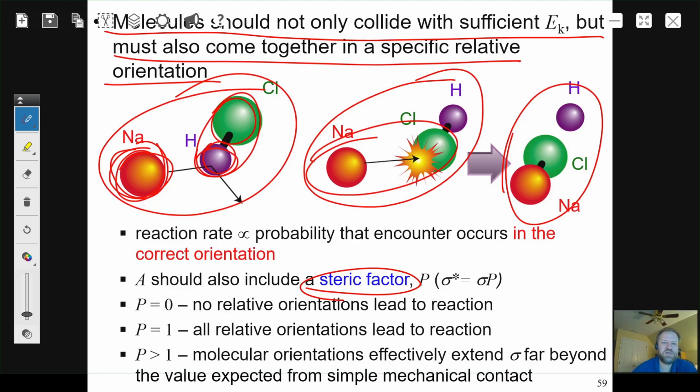So in this case, the reaction rate will be proportional to the probability that the encounter occurs in the correct orientation.